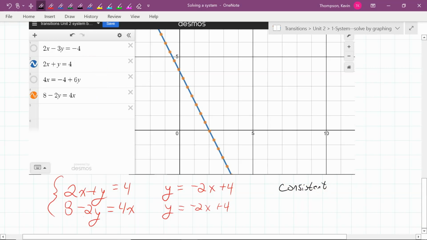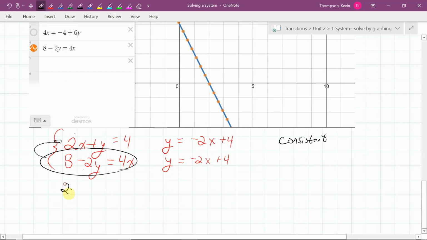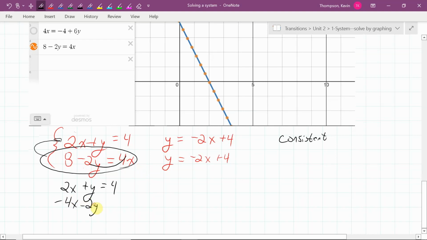And so if you look at it, do you notice that we can get the one equation by doubling the other? If the x's get doubled, maybe it's easier to see if you put them in the same order. So if I say 2x plus y equals 4, and rearrange this to get them in the same kind of order, notice we would have minus 4x, I move that over, minus 2y equals minus 8.